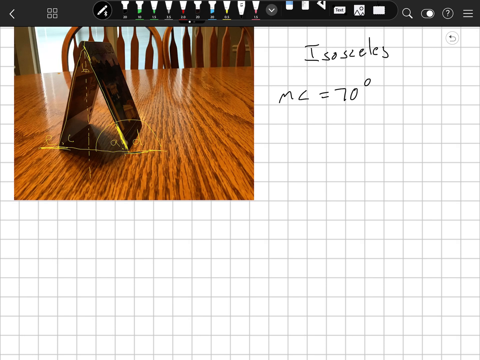Well, if we wanted the measure of angle D, think of your protractor there. We've got 180 degrees in the whole protractor. So let's take away the 70 from the 180, the 70 that was in A, and we're left with 110 degrees.